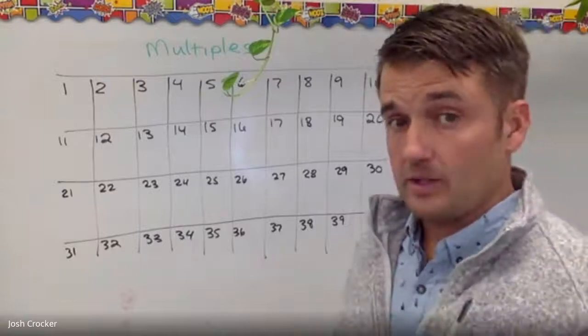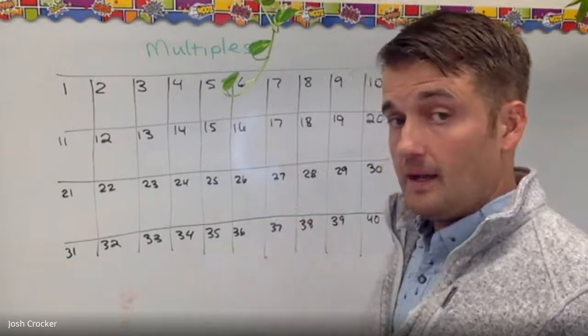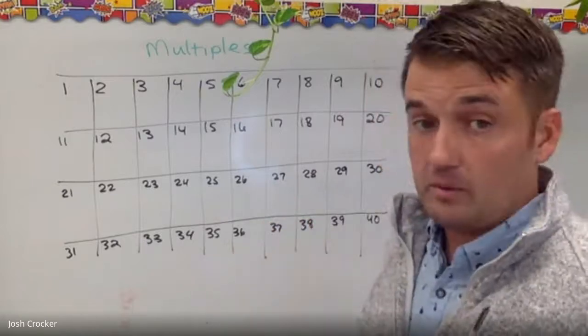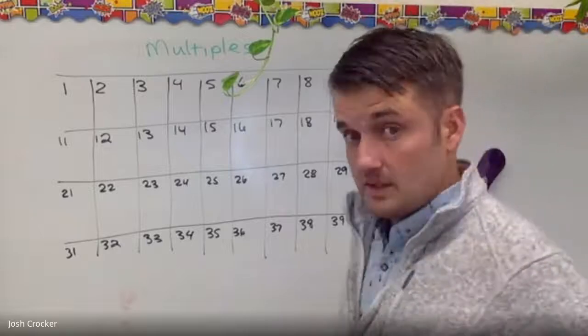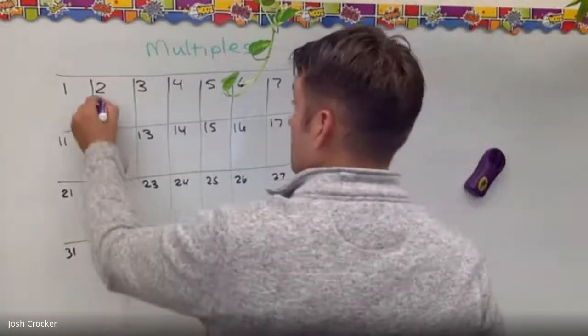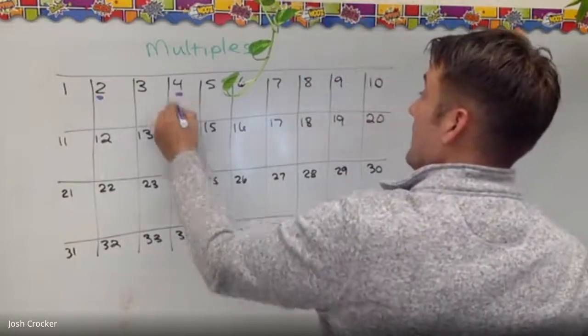So we can just start with 2 and go through and show you all the multiples of 2 by marking them with the color. Okay, so 2 is the first multiple of 2, right? And then if we count by 2's, we'll see the pattern develops.